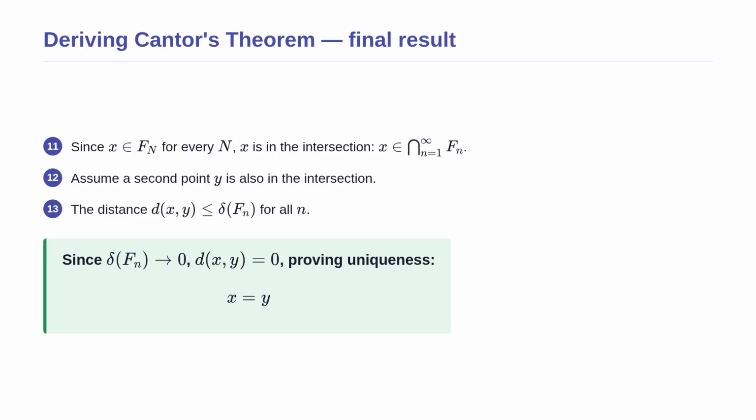If both x and y are inside every set Fn, then the distance between them cannot be larger than the diameter of Fn. But we know the diameter shrinks to exactly 0 as we go to infinity. Therefore, the distance between x and y must be 0, which means x and y are actually the exact same point. We have successfully proven that exactly one unique point exists.